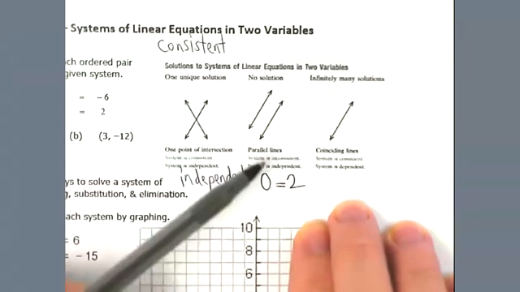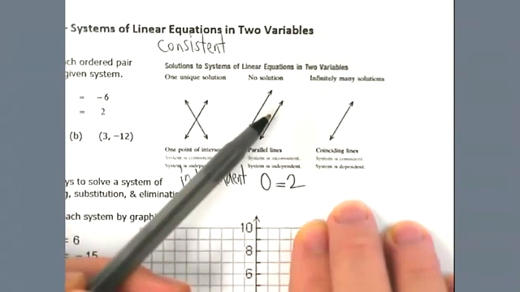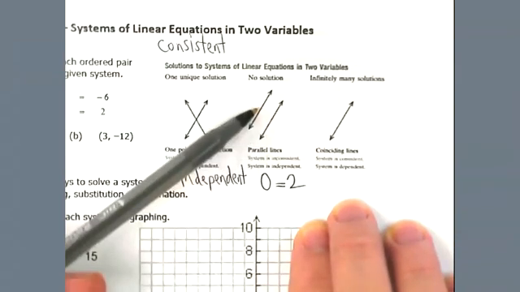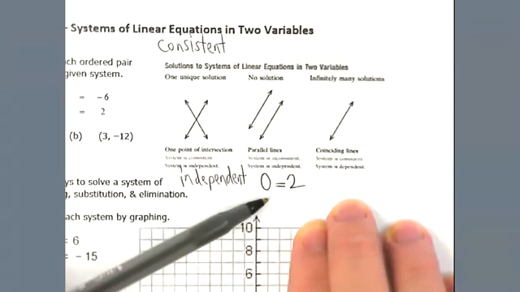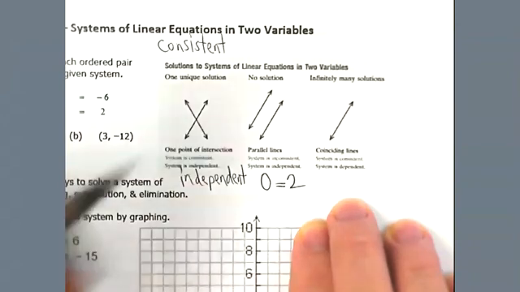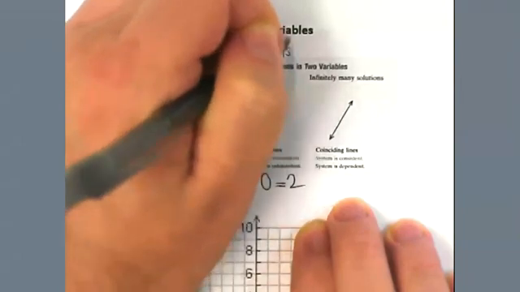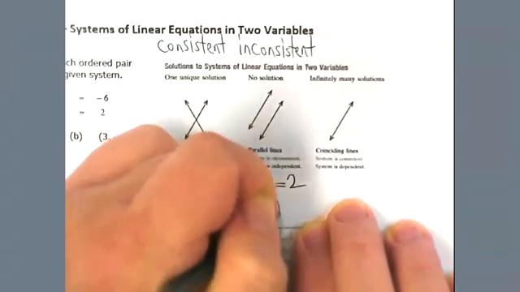And that makes sense because if the lines are parallel, then they are never going to cross or intersect at a common point. So since they are parallel, or if you solve your system algebraically and get 0 equal to 2 or some other type of false statement, then there's no solution to the system. This would be labeled as inconsistent and still independent.